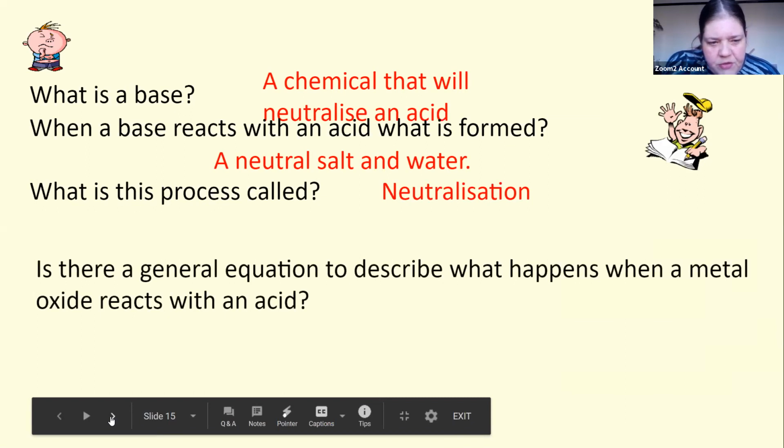And we've done the reaction, but can anyone remember the general equation to describe what happens when a metal oxide reacts with an acid? So what is the general equation for working it out? It'd be acid plus metal oxide. Word equation. General equation. Sorry, my bad.